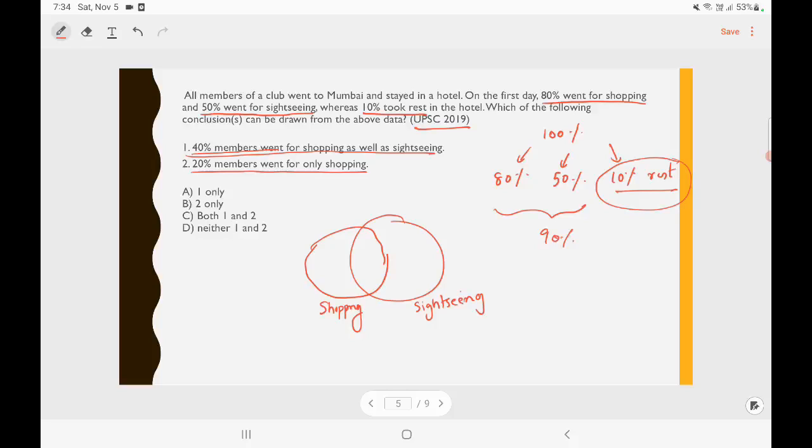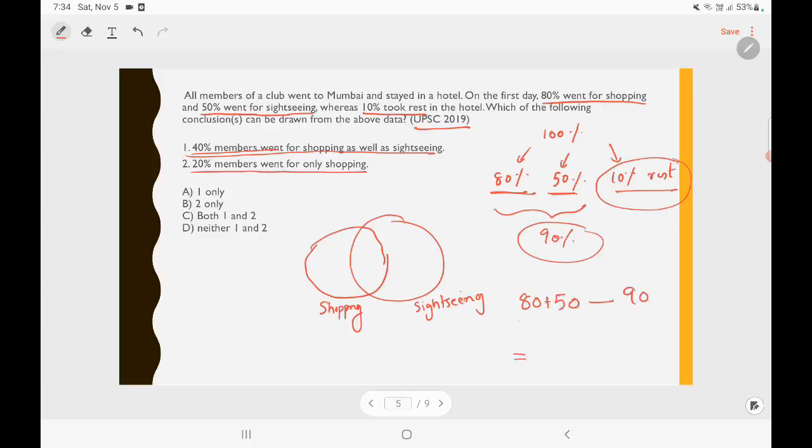In order to find that, there is a trick. Here we know that total 90% people went out, because 10% people took rest. So you have 80% people who went for shopping and 50% people who went for sightseeing. Then the number of people who went for both will be 80 plus 50 minus 90.